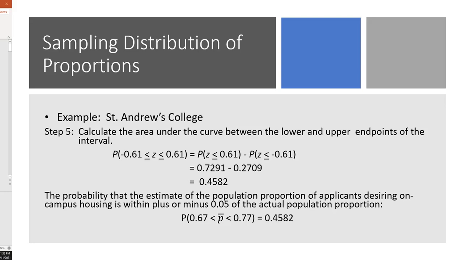And so we can do this by taking the probability that z is less than or equal to 0.61 and subtracting the probability that z is less than negative 0.61. So the probability that the estimate of the population proportion of applicants desiring on-campus housing is within plus or minus 0.05 of the actual population proportion ends up being about 46%.